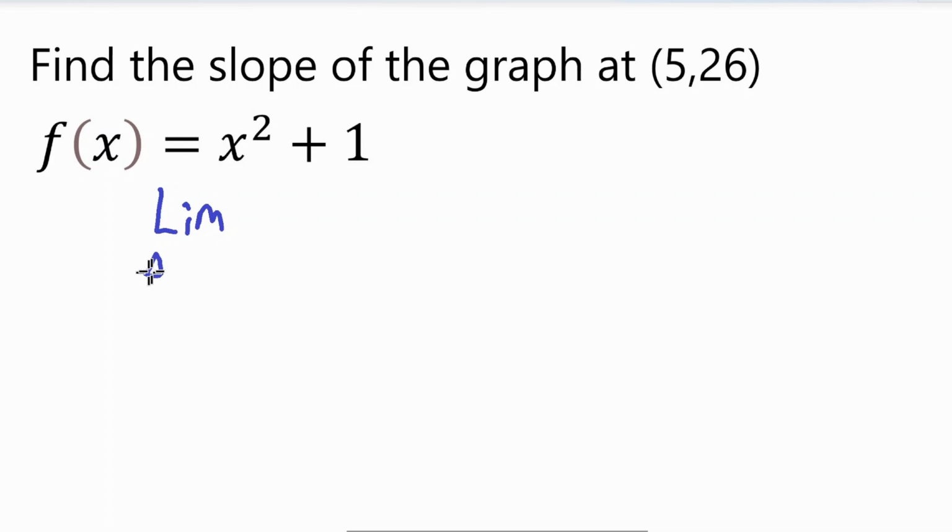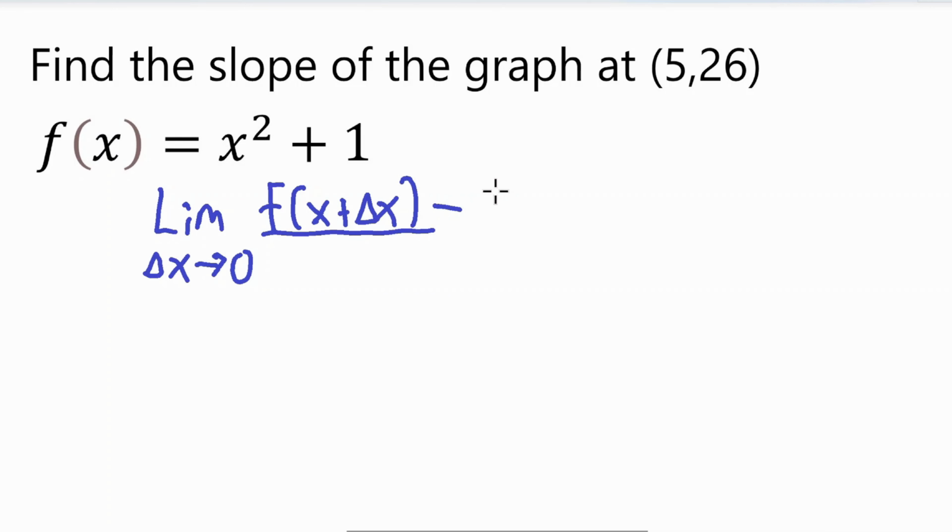So the difference quotient formula states that the limit as change of x approaches 0 of f of x plus change of x minus f of x, over the change of x, is equal to the slope at a point, okay?